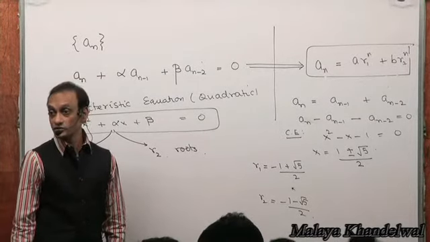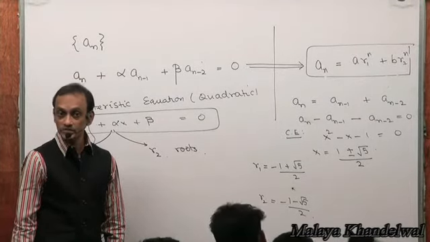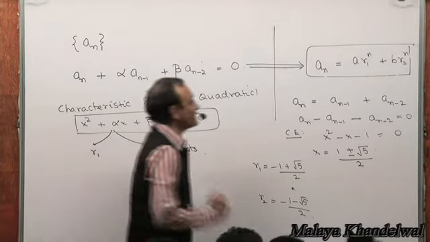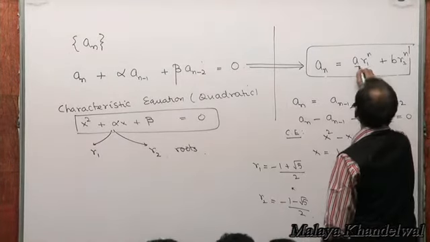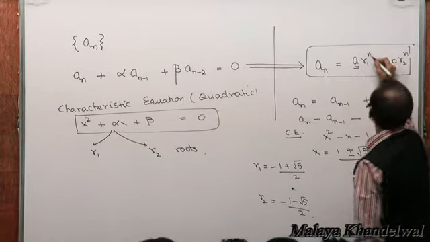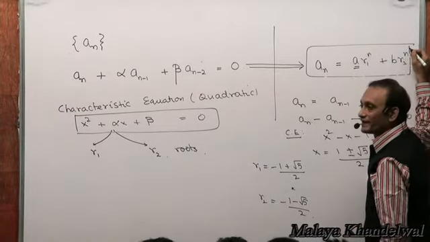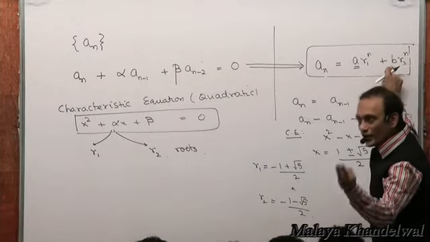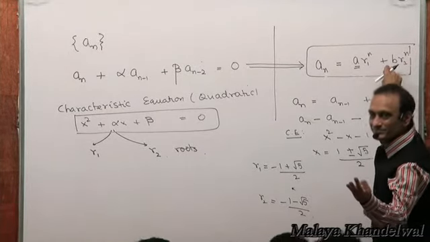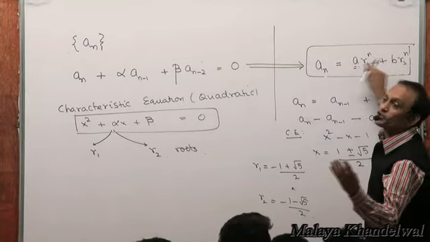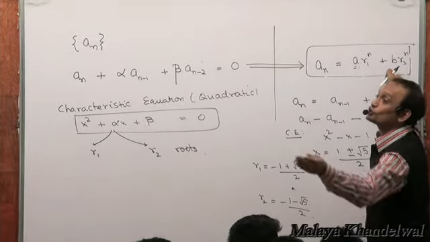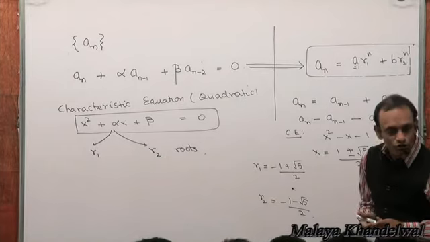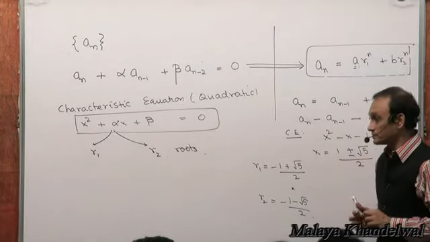You know what I'm saying? And then the sequence can be written as some A R1 to power n plus B R2 to power n, where R1 is this, R2 is this. And how do you obtain A and B? Say you know A1, you know A2. From there you can solve for A and B, and you have a solution to the Fibonacci sequence. Yes or no? Right?